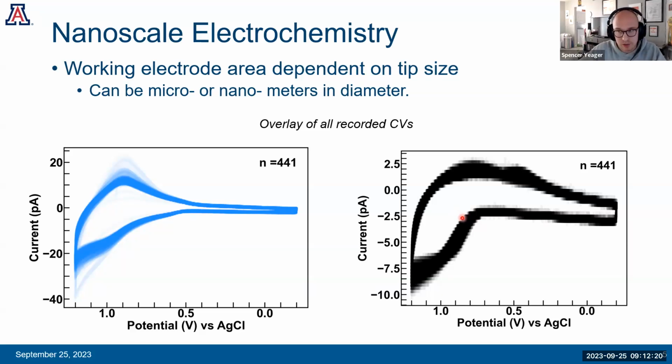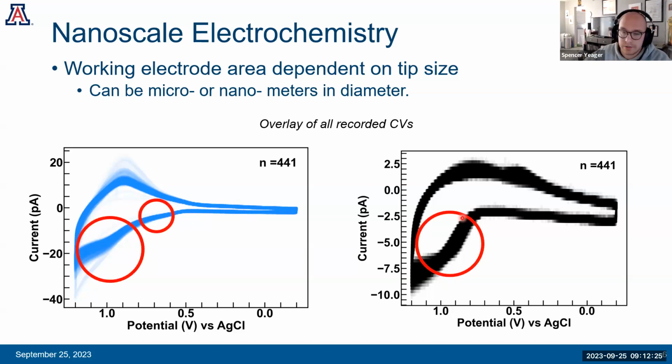This is just an overlay, but what we can do with this is take regions of interest. These red circles indicate regions of interest where we can grab a current and plot it as a histogram to see what the distribution of those currents looks like.